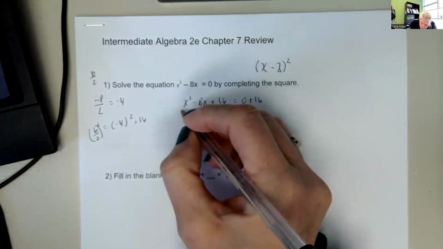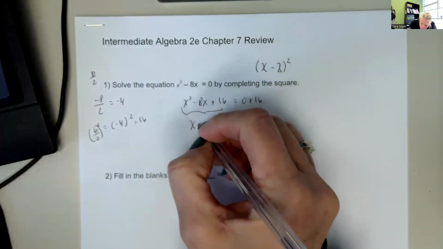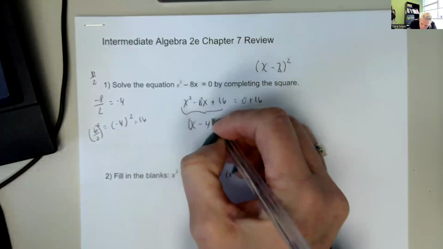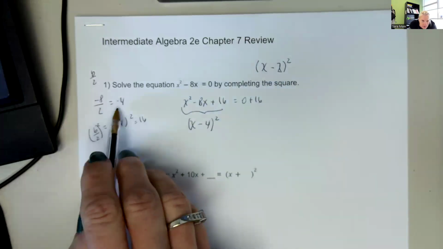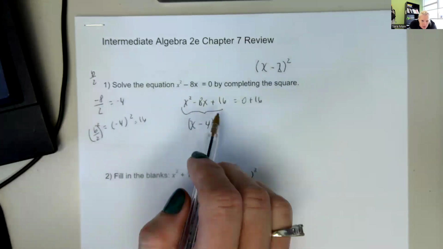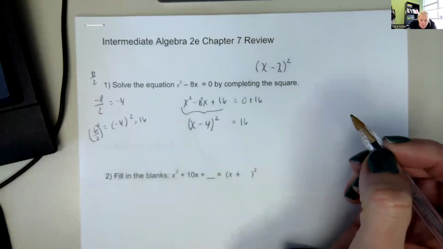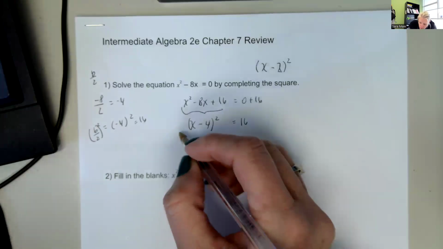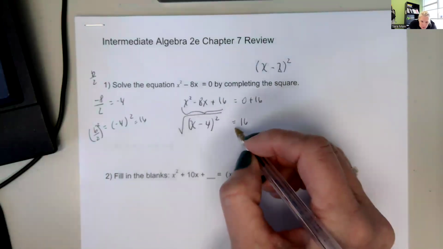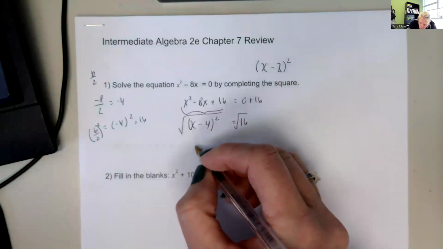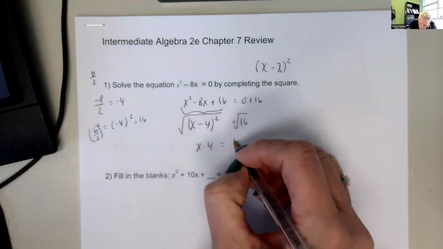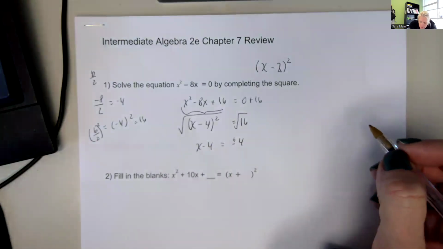So that now this is a perfect square of x minus 4 squared. So the b divided by 2 is what's going to be here. And then we have this. And now we can use a square root property that says if we take the square root of both sides, you have x minus 4 equals plus or minus 4.